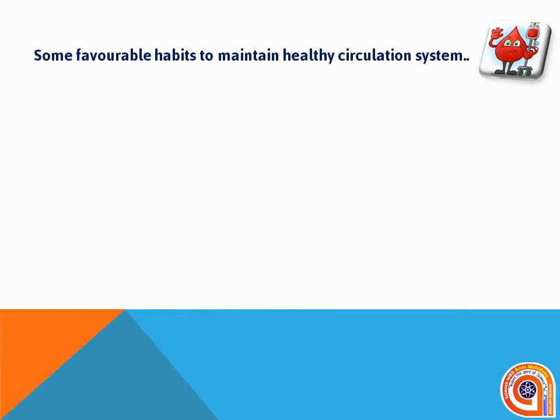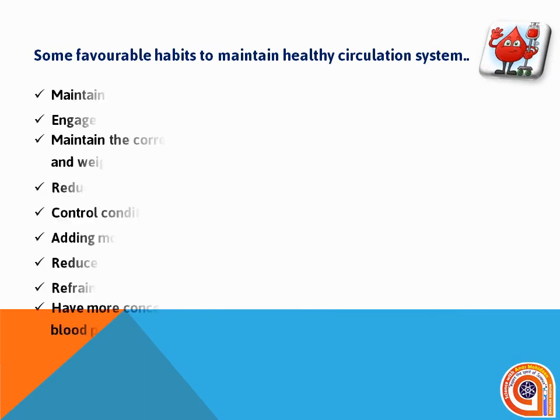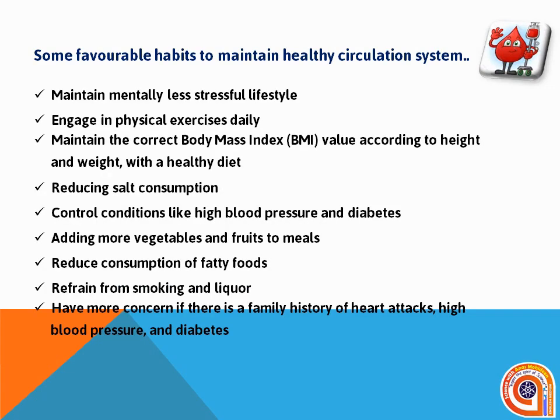At last, there are some favorable habits to maintain a healthy circulatory system. What are they? Maintain a mentally less stressful lifestyle. Not a busy, stressful life; we should be living a stress-free life. And also engage in physical exercise daily.